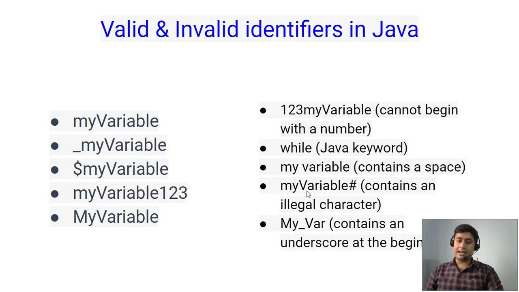You can't use it inside an identifier. My underscore var contains an underscore, which is fine at the beginning only, not in the middle. So if you write like that, it is an invalid identifier.